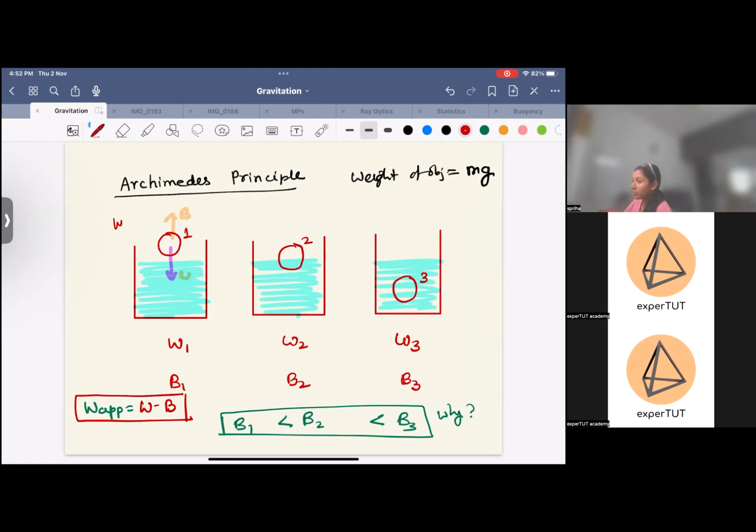Apparent weight. Okay. Now tell me whose apparent weight is most.